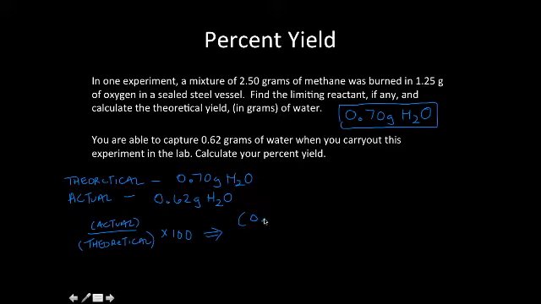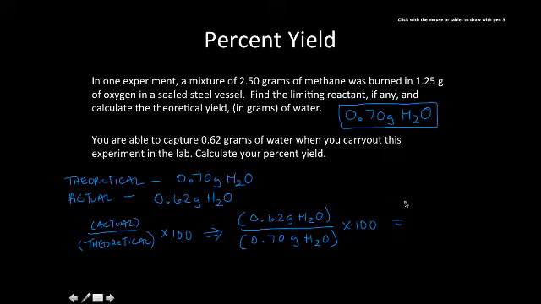The actual, 0.62 grams of H2O, divided by 0.70 grams of H2O. Okay, take that, we multiply it by 100. When I put that in my calculator, I end up with 88.6% yield.